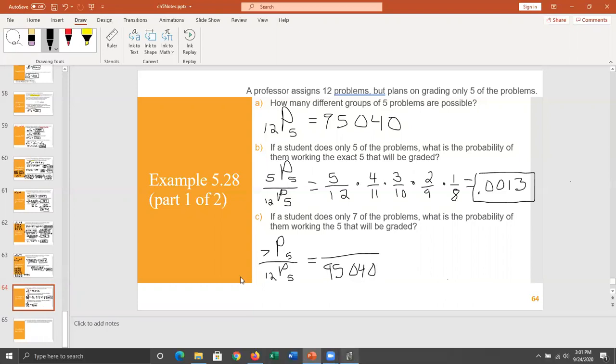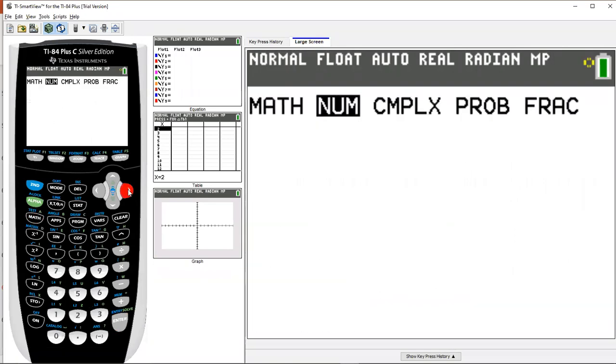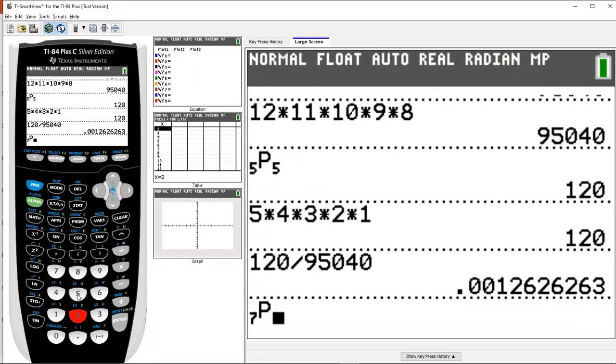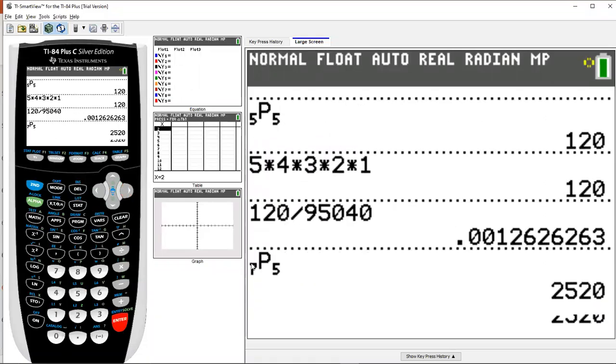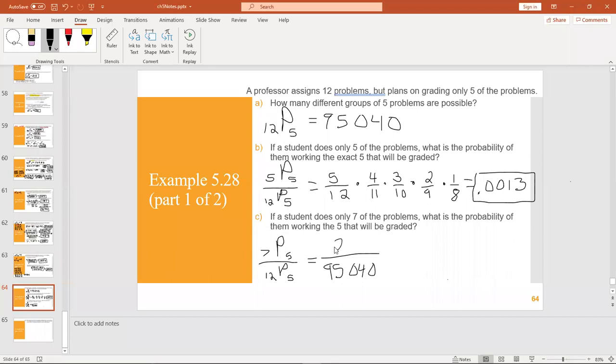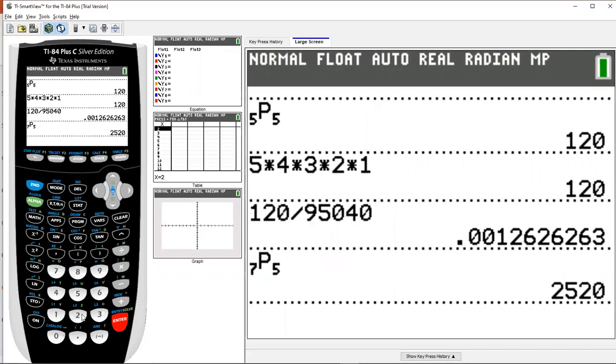And then we need to find 7 pick 5. So 7, math, go over to probability, do permutations, 7 pick 5. That is 2520. And so now we need to see what the odds are that the student will have correctly chosen the 5 that are actually going to get graded.